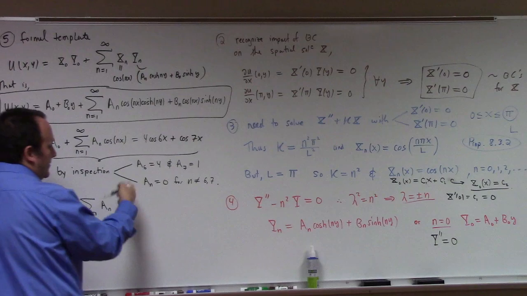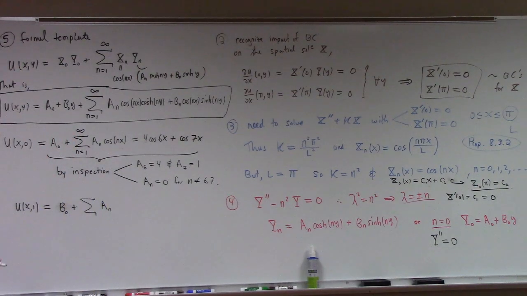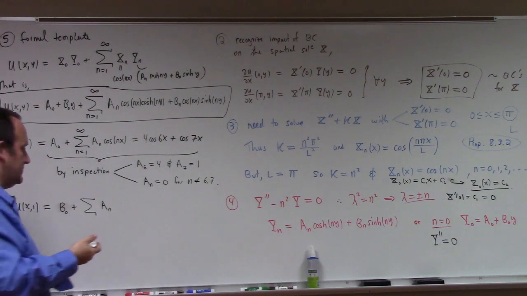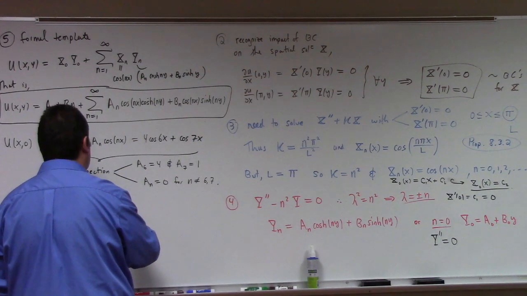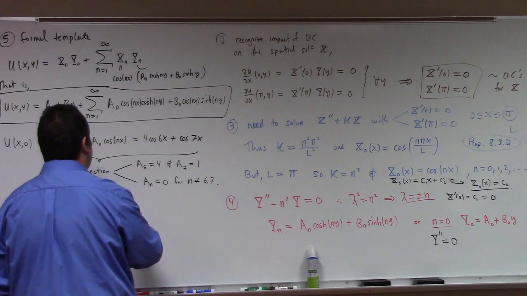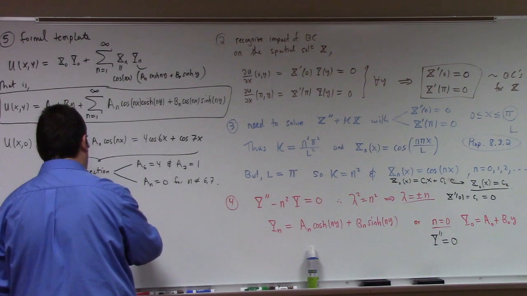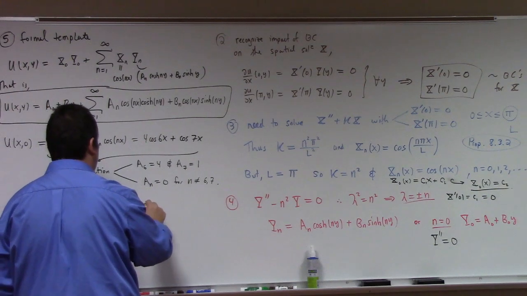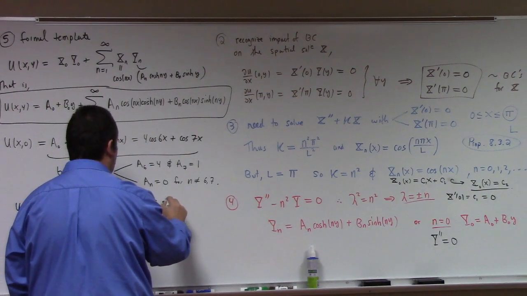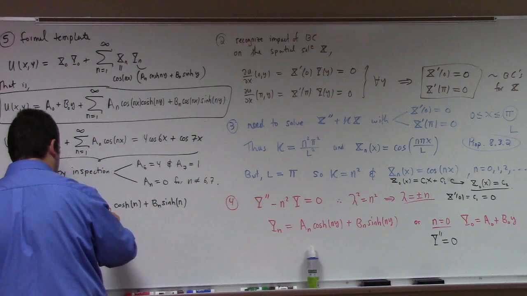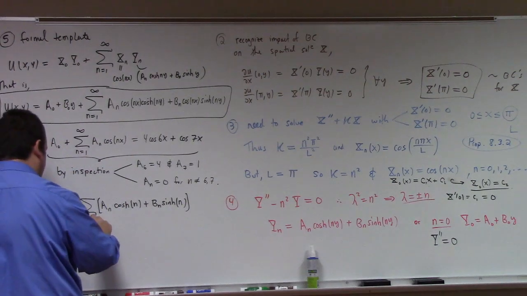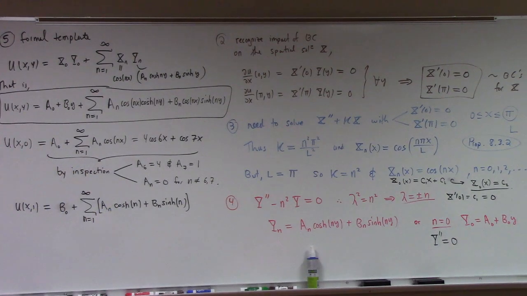We already know that most of the a sub n's are 0, but let me just leave a sub n not explicitly using these just yet. It'll be more convenient to use them in a minute. So we've got cosh of n plus bn sinh of n, because y is equal to 1 here. And that's equal to 0.